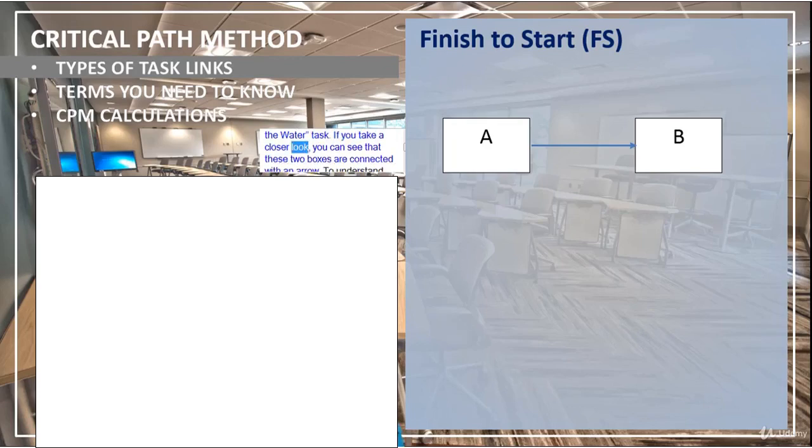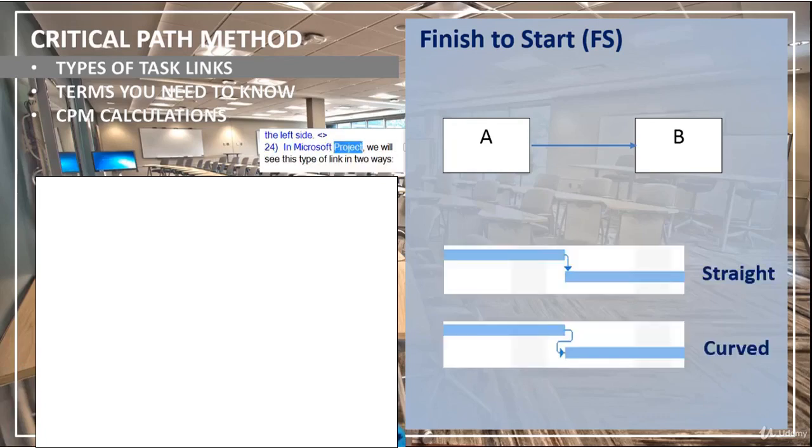If you take a closer look, you can see that these two boxes are connected with an arrow. To understand the type of the link, the direction of the arrow is important. In finish to start link type, the arrow leaves the predecessor box from the right side and points the subsequent box from the left side.